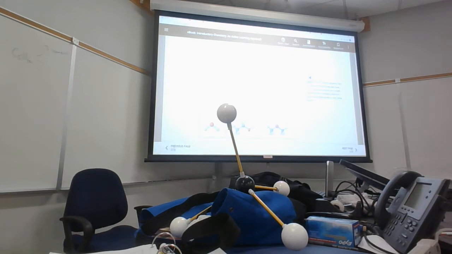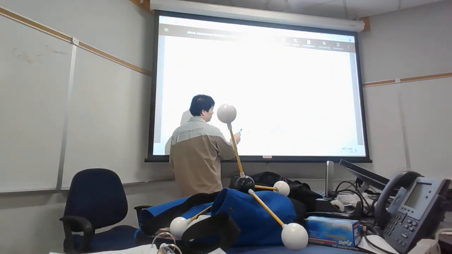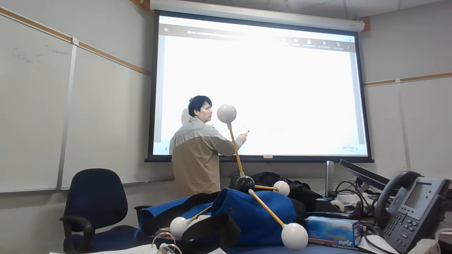A better way of doing it is C2H5, which is an ethyl group, OH. This is the alcohol. So this is ethyl alcohol. Or the best way is the condensed structural, CH3CH2OH. So there's a methyl group, methylene group, and then the alcohol, which is the COH. Okay.